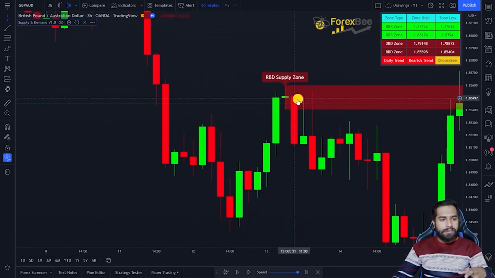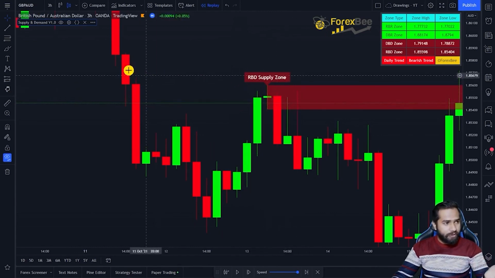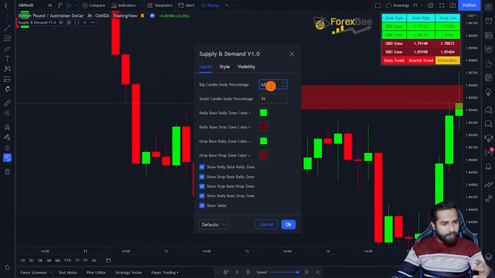Now here you can see that the body of this candle is less than 25%. So by specifying these values, you can draw unlimited supply and demand zones, and the indicator will show you the past supply and demand zones, and also draw the real-time supply and demand zones on your charts.